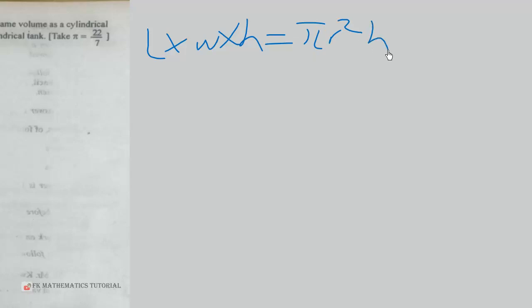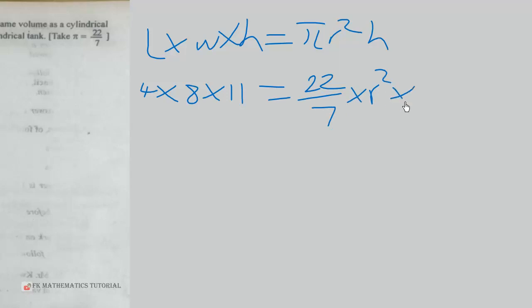So 4 by 8 by 11 will be equal to pi, which is 22 over 7, times r squared times height, which is 7.